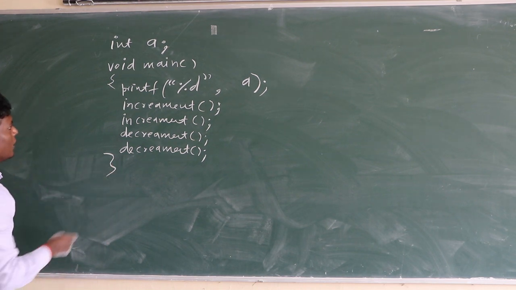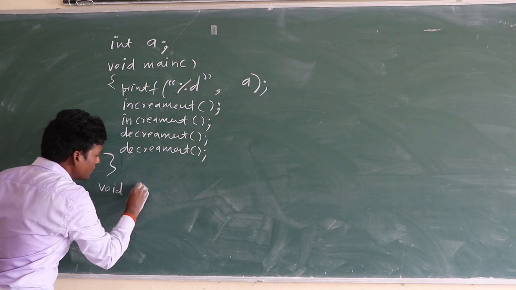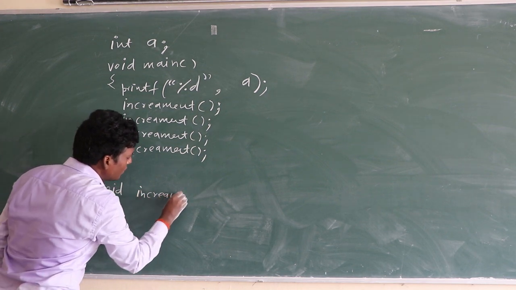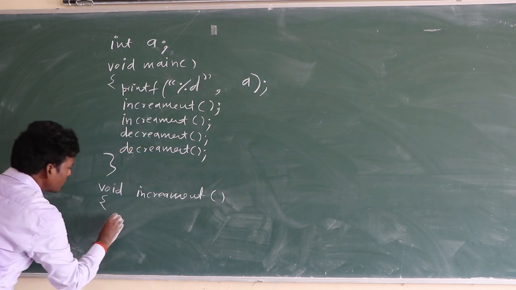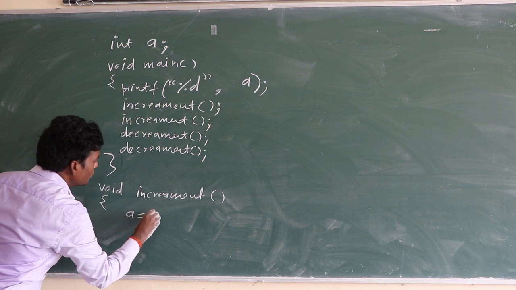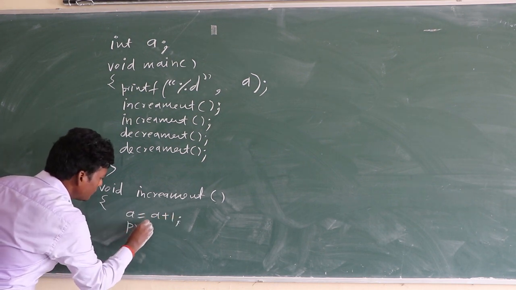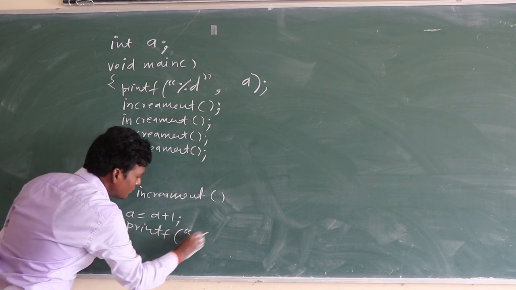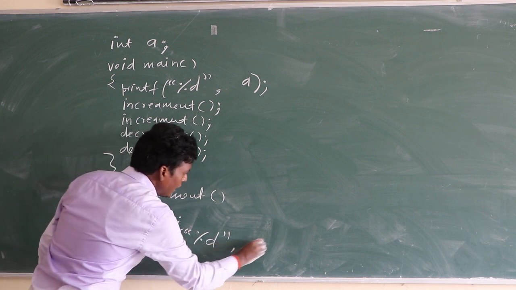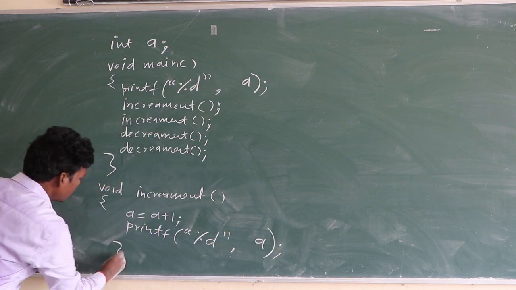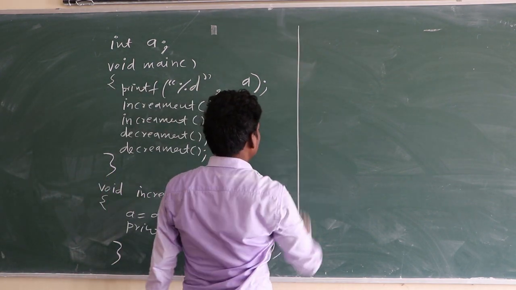Main is closed here. Increment is defined as follows: void increment, a equal to a plus 1, printf %d a, closed here. There is no space, so we are writing the program on this side.